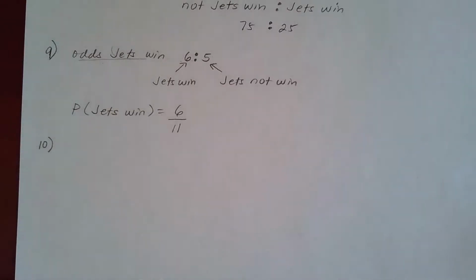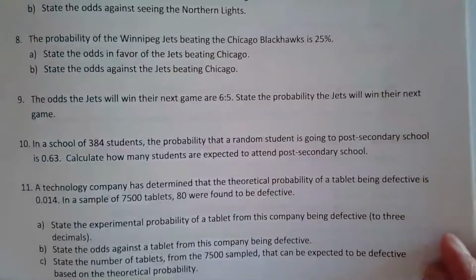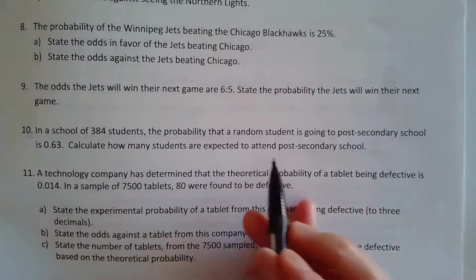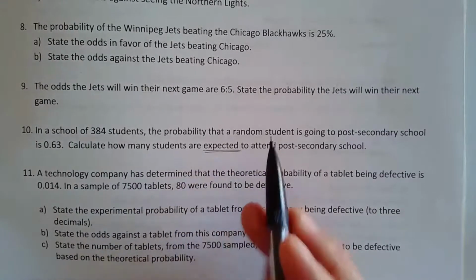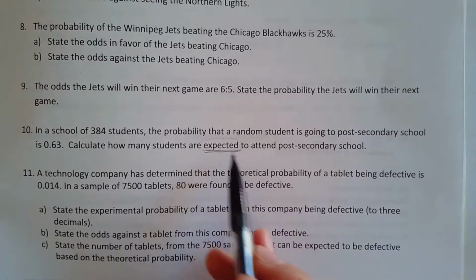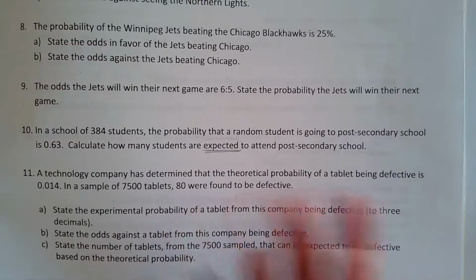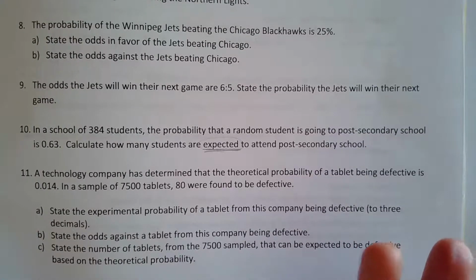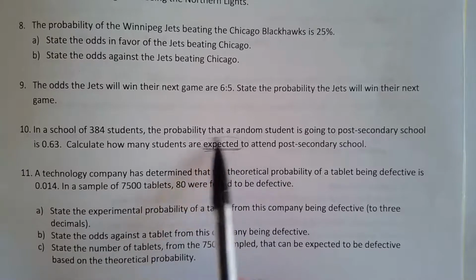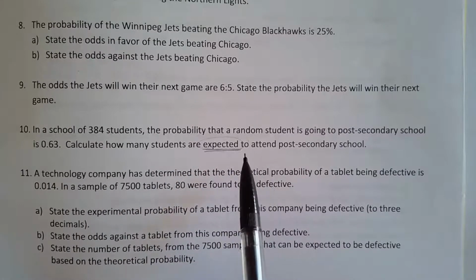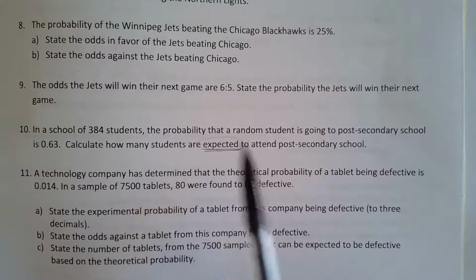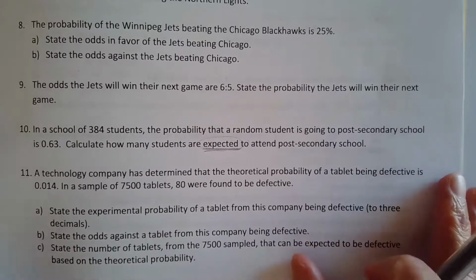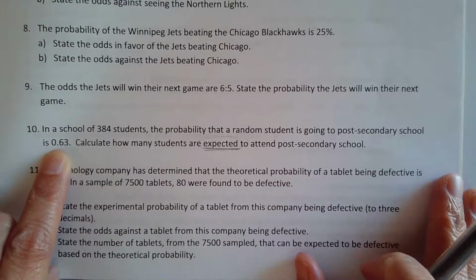Because of the word expected, we actually saw expected value or expected number in 2 different places in our booklet. In this particular case, this is not an expected gain or loss. This is how many we're going to have given this probability.